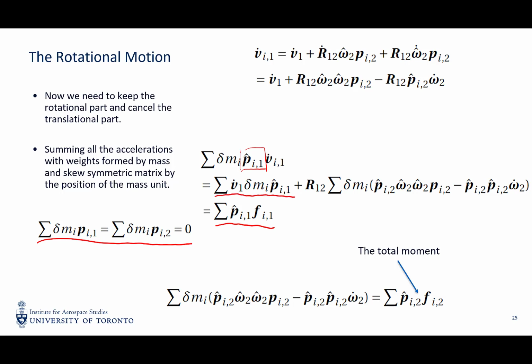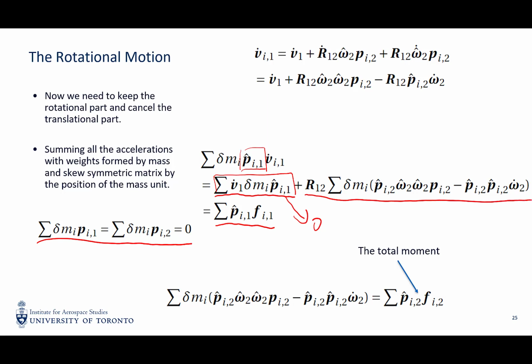The vi dot 1 times the mi times the pi1 hat is 0 because of the center of mass assumption. This is the actual weighted sum of the v1, and if we apply the center of mass, all the vectors times the mass should cancel each other. So the only term that is non-zero is what's left.